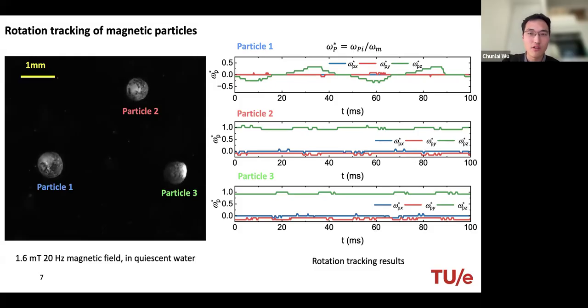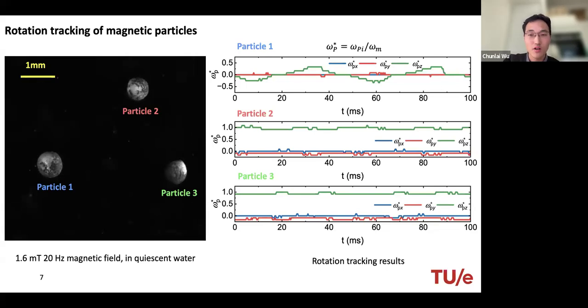For particle one, we can see that only the Z component, which is the green line, aligned with the direction of the rotating magnetic field, is going up and down, which indicates that this particle is oscillating in this direction. And the other two components are just staying around zero, which totally makes sense, because this particle is not rotating in these two directions.